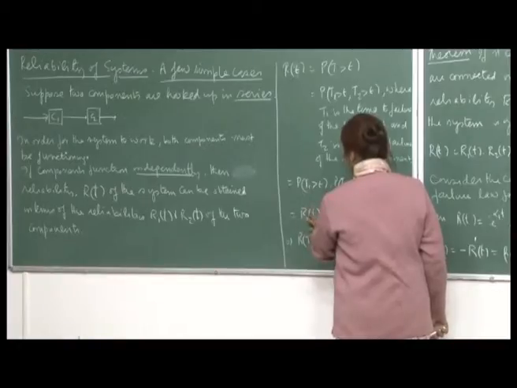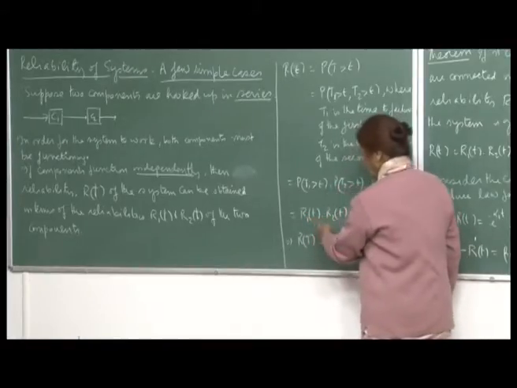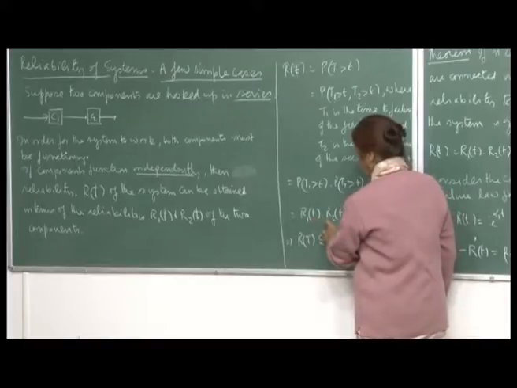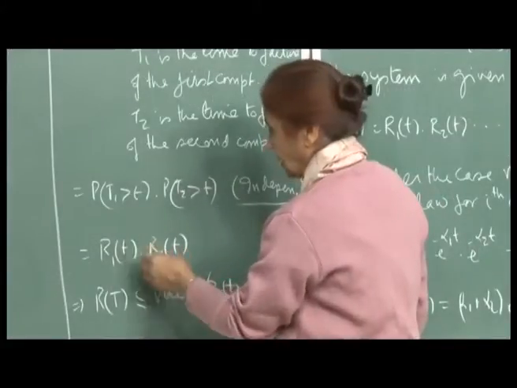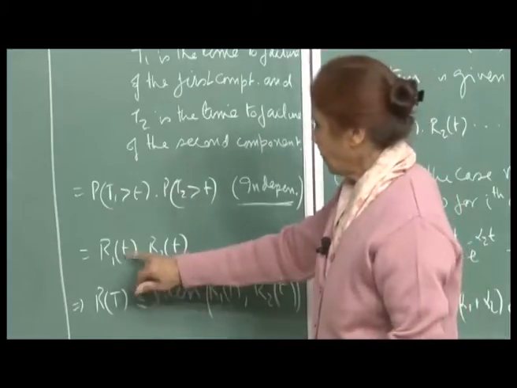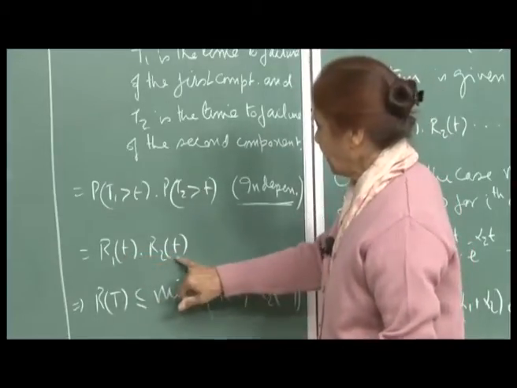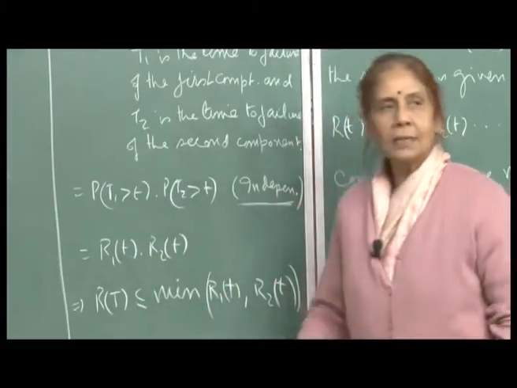Because these are probabilities, each of the numbers is less than 1. Therefore this product would be less than the smaller of the two. If R2(t) is less than R1(t), then I am multiplying R2(t) by a number less than 1, so the whole product is still less than R2(t). Similarly, if R1(t) is the minimum of the two, then I am multiplying R1(t) by a number less than 1, and the product is again less than R1(t).